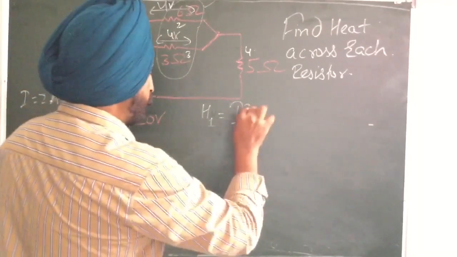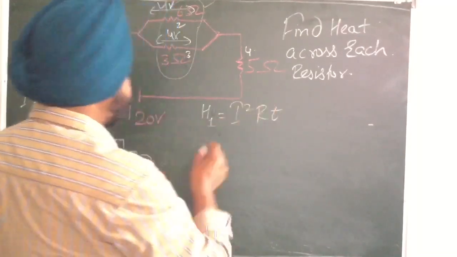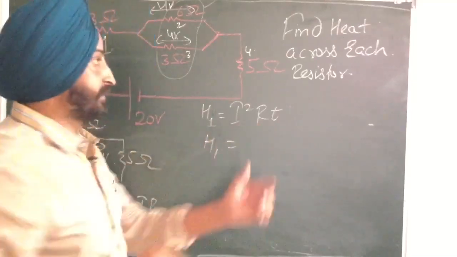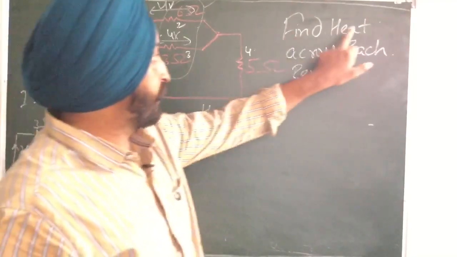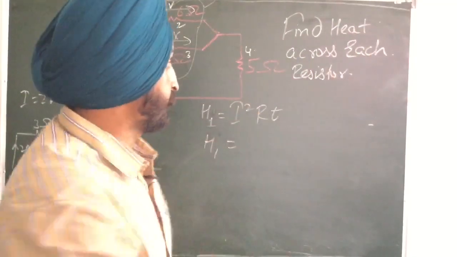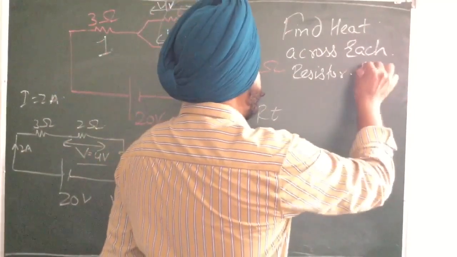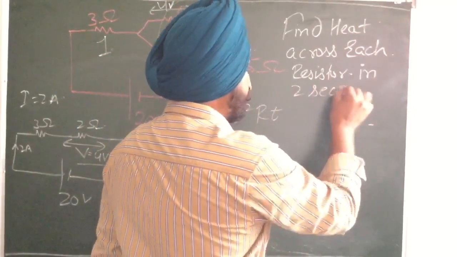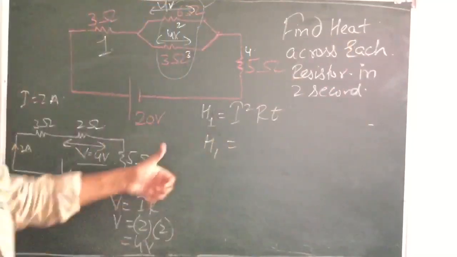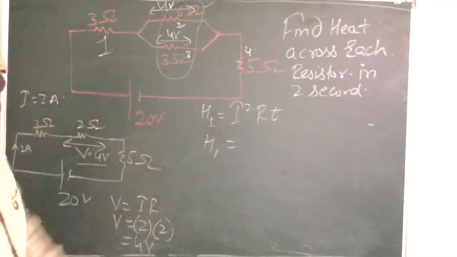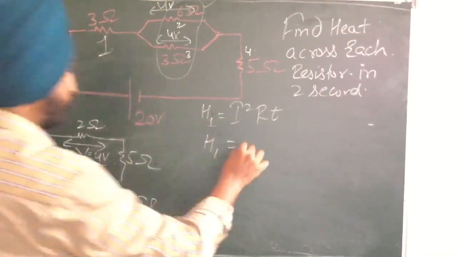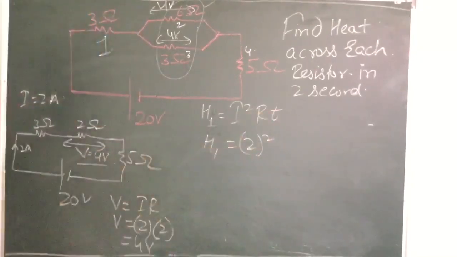So I will be using the formula I square R into T. Another thing given in this question is time. We have to calculate the heat across this resistor in 2 seconds. That is also given to us. So heat across first would be I square R into T. The value of I is of course 2. This current will pass through this resistor.